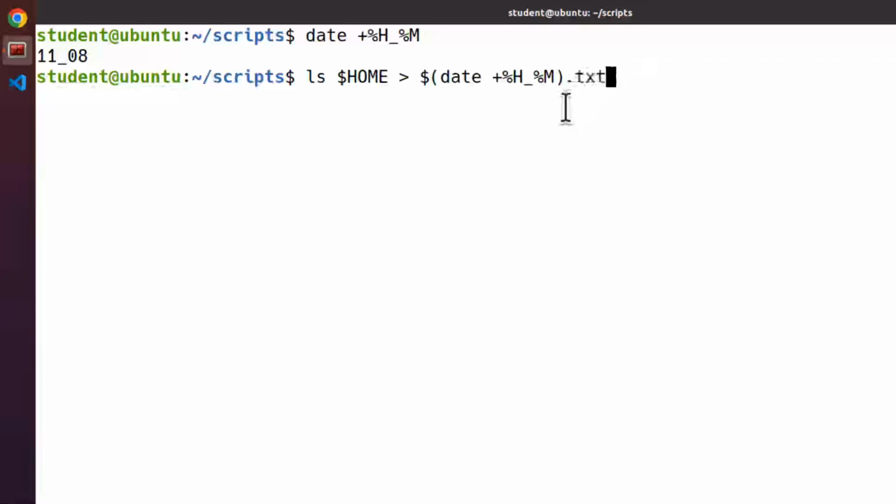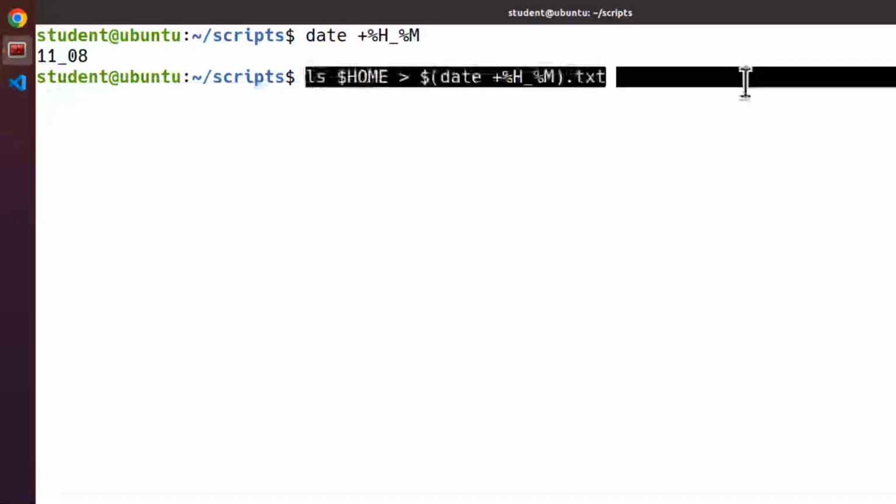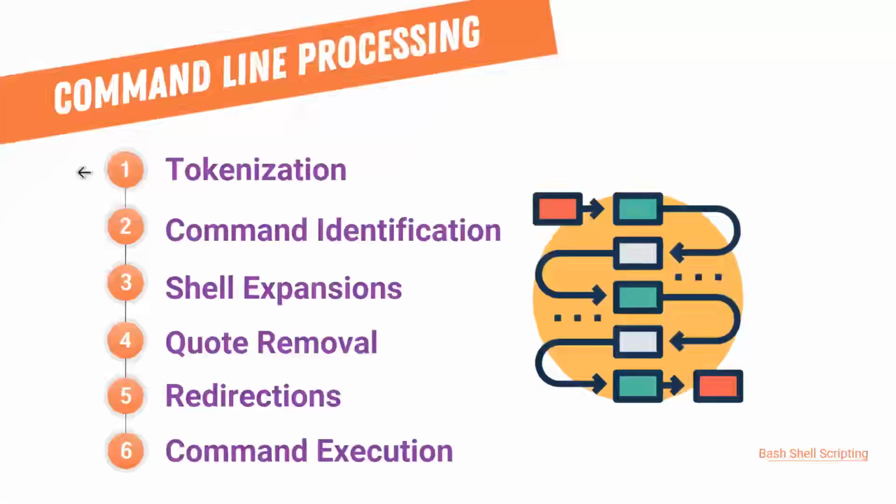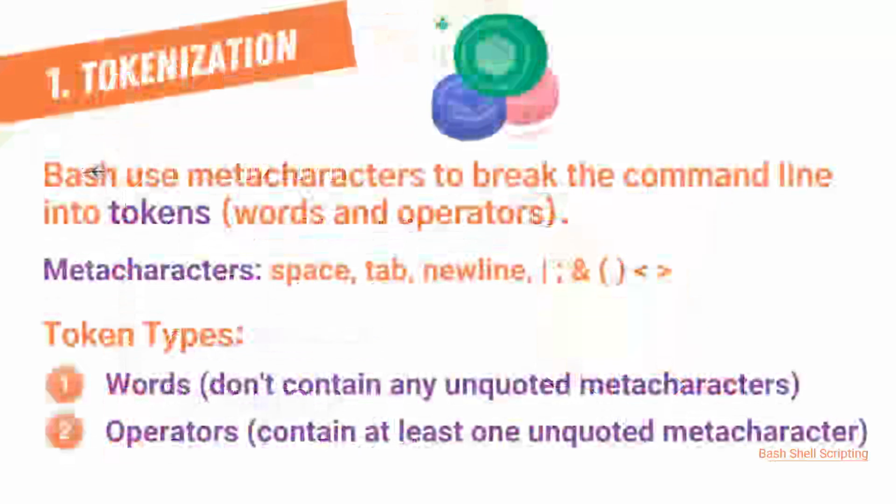Now let's see what the steps are and the actions the shell performs before it executes the command. In this example, the shell reads its input from the user's terminal, and the first step is tokenization, in which it breaks the command line into words and operators. Let me remind you that a token is a sequence of characters considered to be a single unit by the shell.